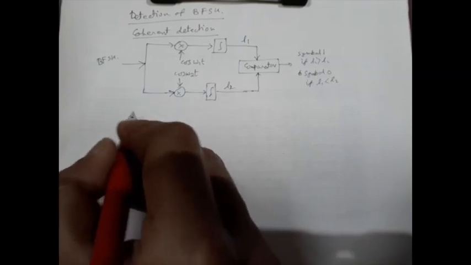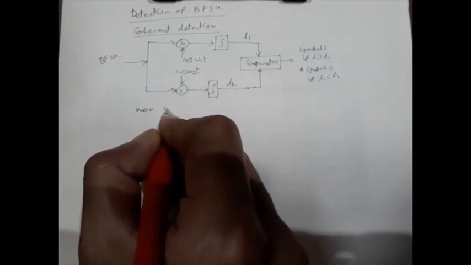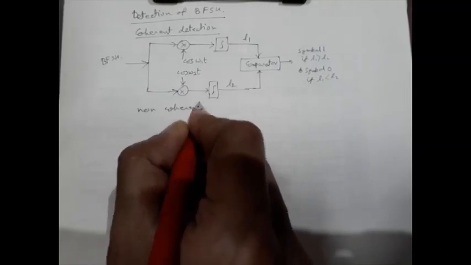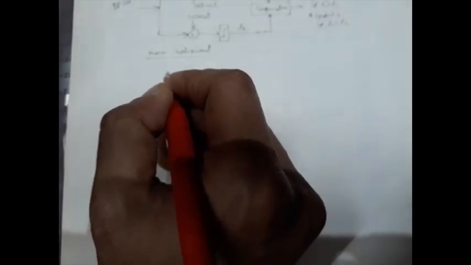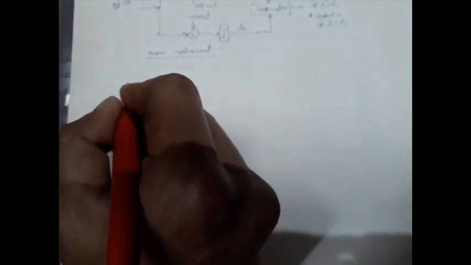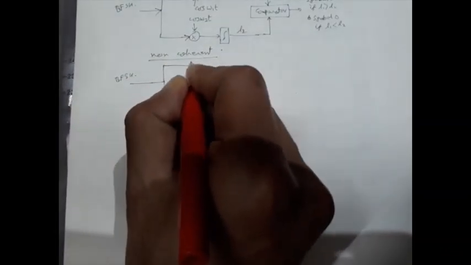Now we will discuss the non-coherent technique, and this is almost identical to ASK, but for ASK we have a single channel. Here we have two channels for both the carriers. So first the BFSK signal is divided into two parts.